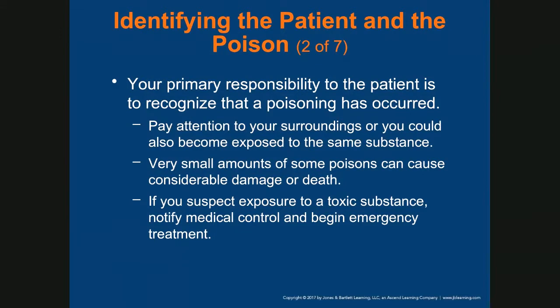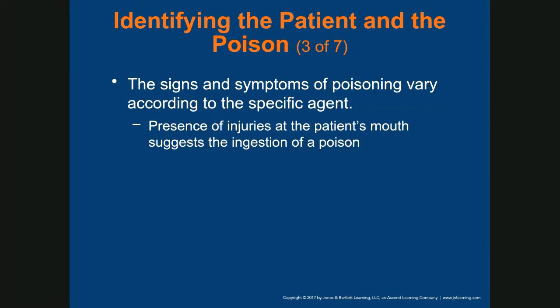Look for patients that are having similar signs and symptoms. Very small amounts of some poisons can cause considerable damage and can lead to death. If you suspect exposure to a toxic substance, notify medical control and begin emergency treatment.